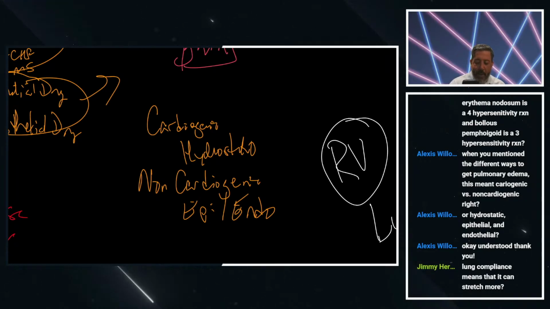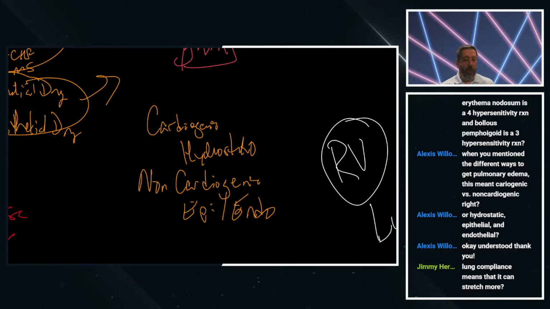So lung compliance, think of lung compliance like heart compliance. If you lose compliance, you're not going to be able to expand the lungs to accommodate volume. Remember, in the lung, the pressures are reversed. As you breathe in, the pressures drop to allow air to flow in.